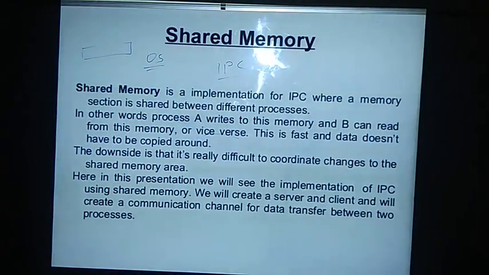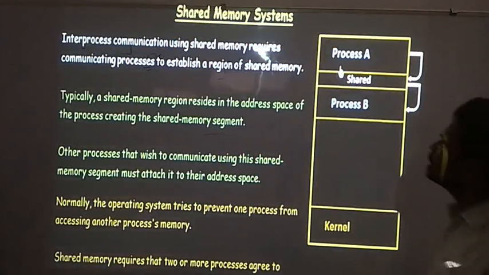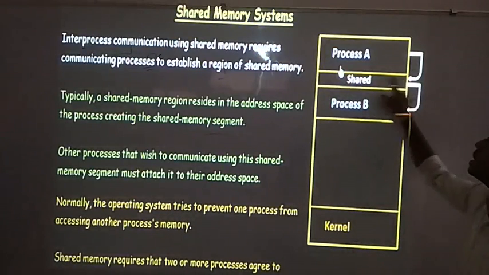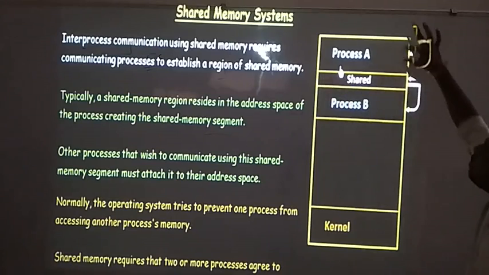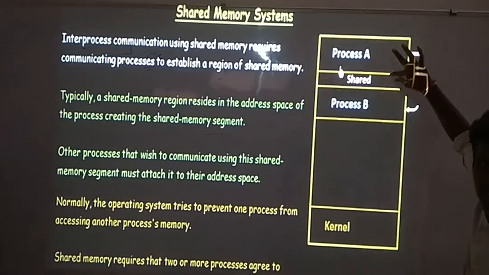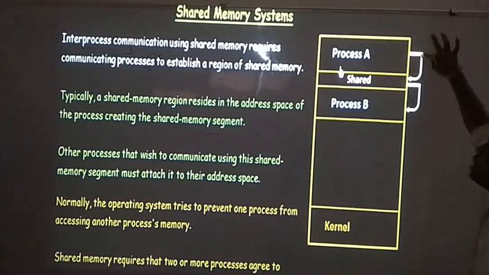In order to implement shared memory, we need to follow these steps. Typically, as I already told you, the shared memory area, or region of memory, will be created by the process which wants to share the data.